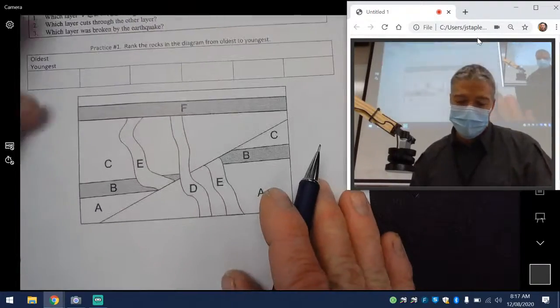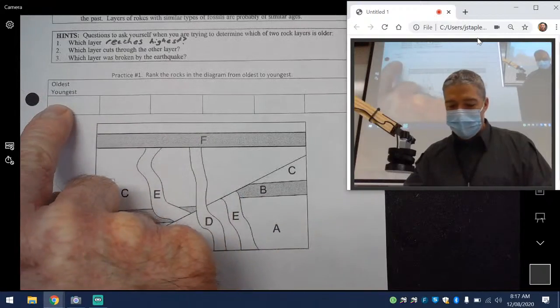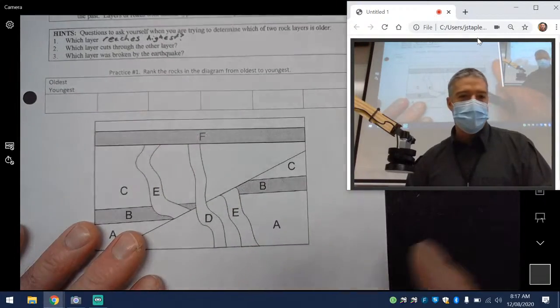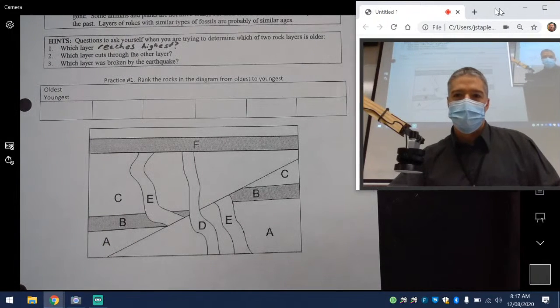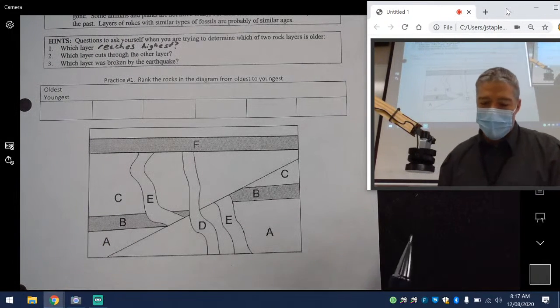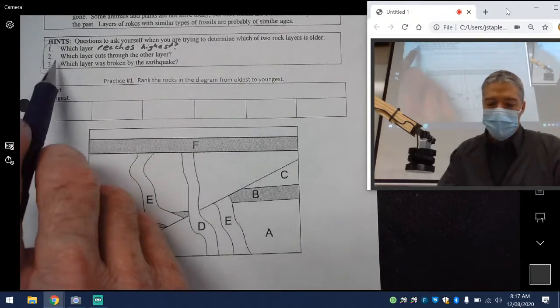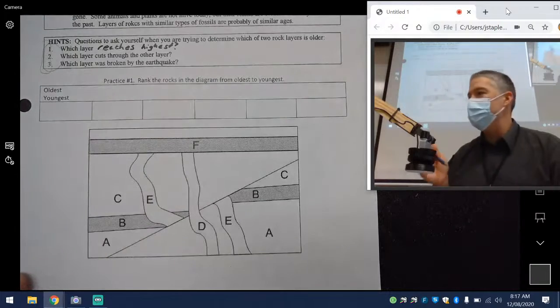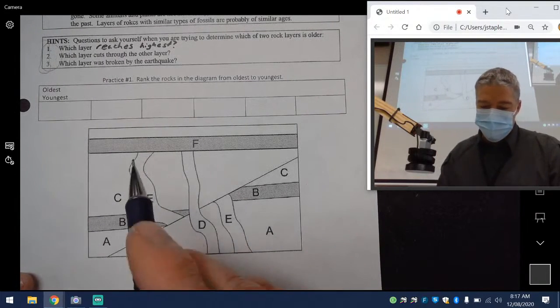So here we go. Let's put all these in order. The youngest we're going to list here. The oldest we're going to list there. You might be able to already do this, but I might need to clarify some things. So I'm going to be asking myself these three questions. This is just the way I do it. You can do this however you want, but this is my way.